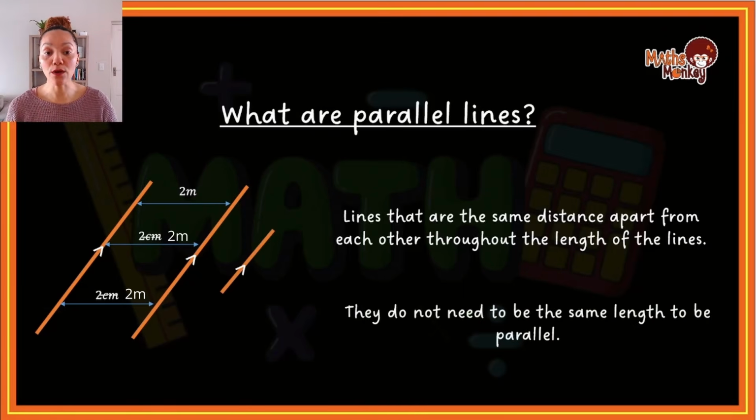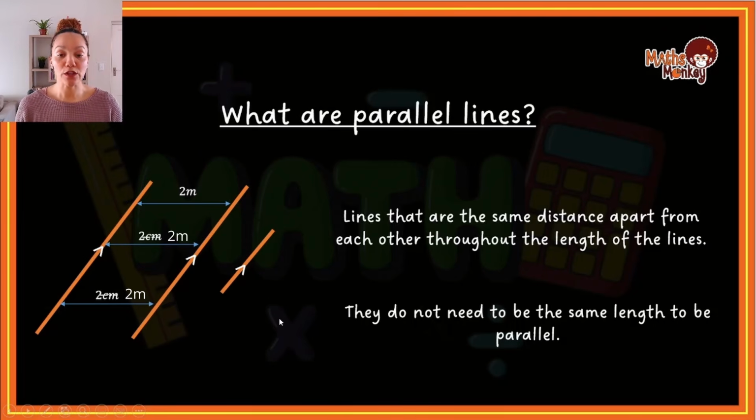Okay, also lines do not have to be the same length in order to be the same distance apart. So these lines are still parallel, even though these lines are not necessarily the same length. Okay, also the way that they indicate that lines are parallel is through using these arrows.